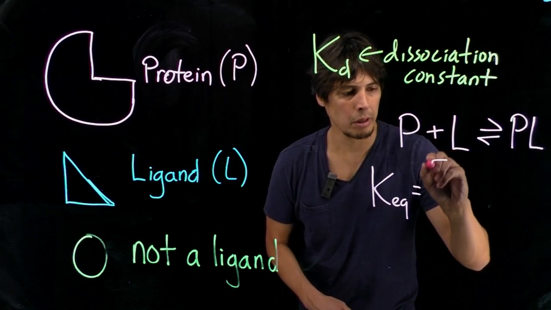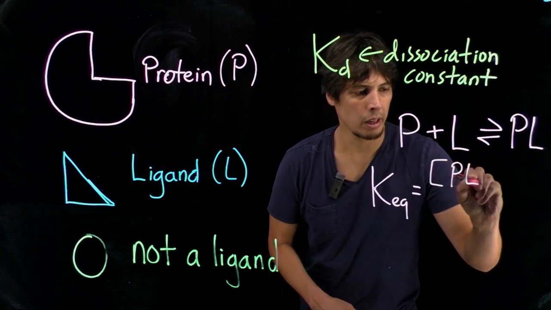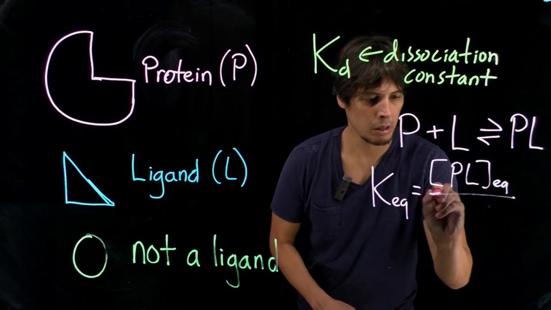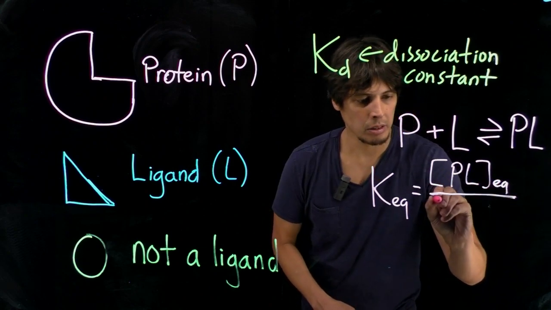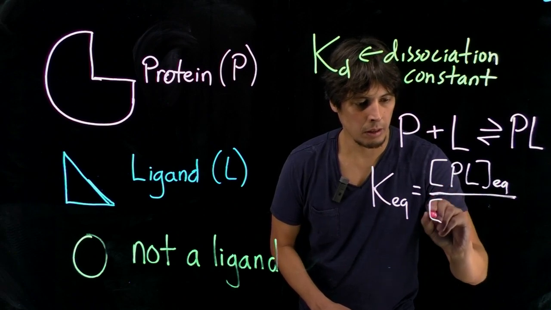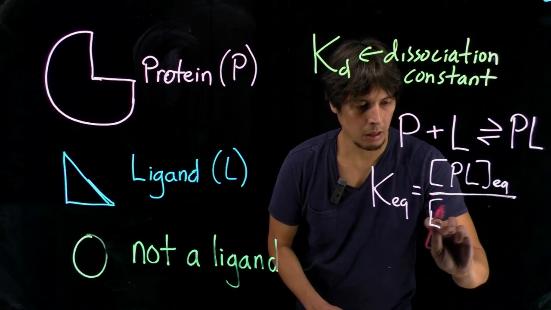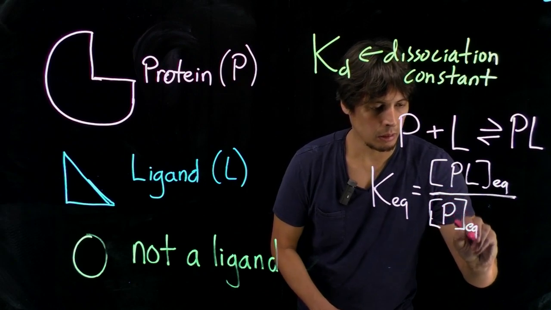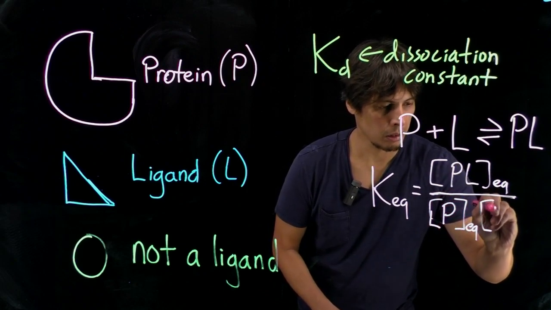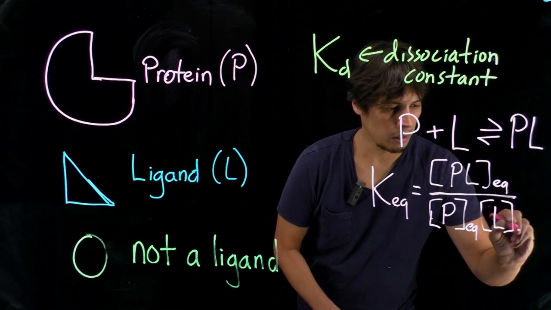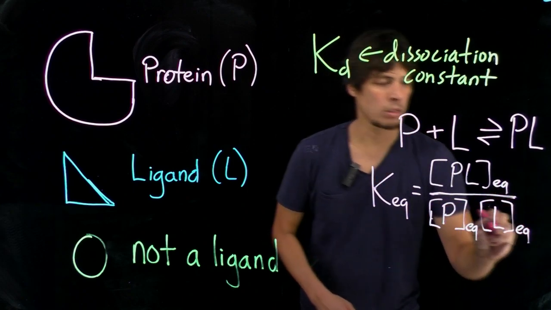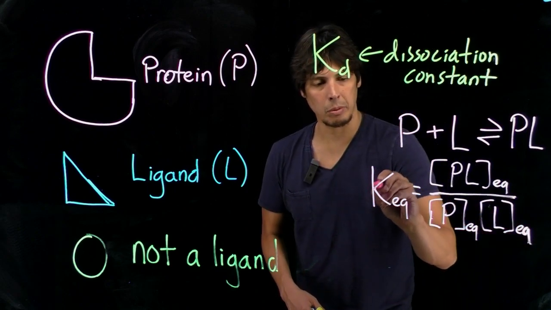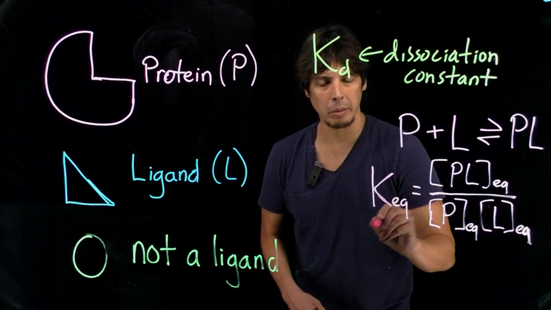So at equilibrium, that would be the concentration of PL at equilibrium over the concentration of P at equilibrium and the concentration of the ligand at equilibrium. Okay, and so that's something that we've seen since chapter 1, topic 1, right, in thermodynamics.